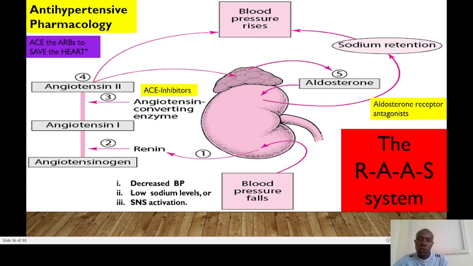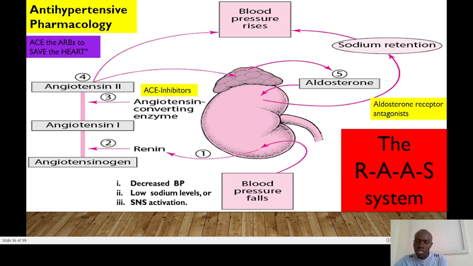potent vasoconstrictor. So angiotensin 2 is the one that consequently leads to an increase in blood pressure by stimulating the kidney to release aldosterone and also the pituitary gland to release ADH. ADH helps in reabsorption of water, while aldosterone will lead to sodium retention, and the whole effect is an increase in blood pressure.